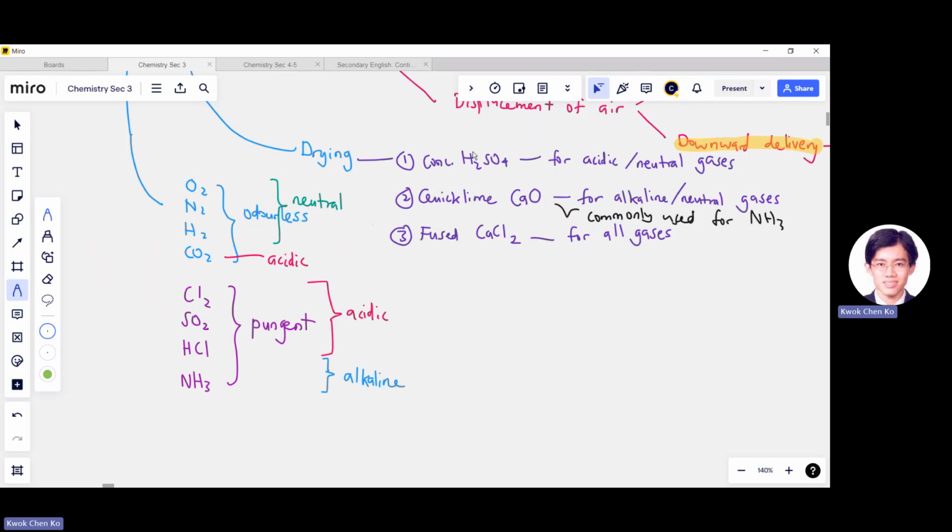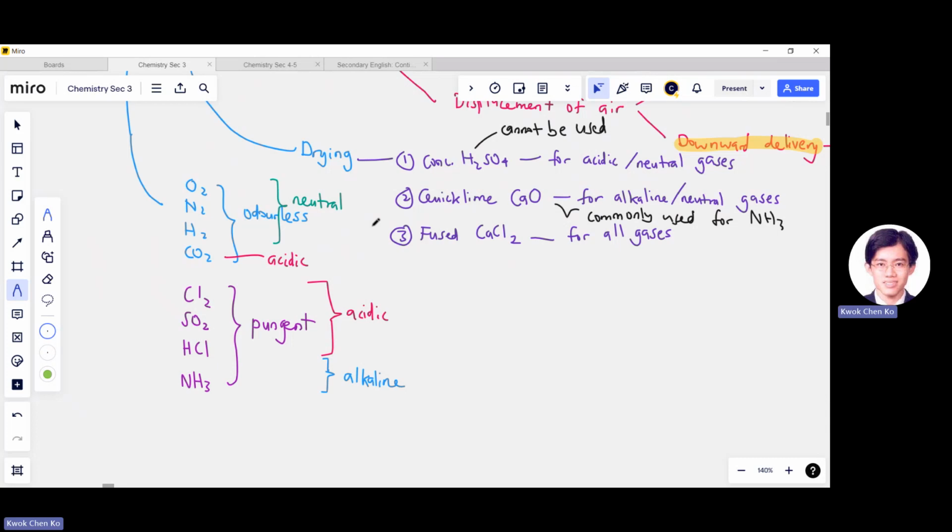Just like this. This is obviously an acid. And hopefully you also can deduce there's only one gas that you cannot use conc sulfuric acid for, and that is... look at this list of gases. Which gas cannot be used? Conc sulfuric acid is used for acidic and neutral gases, so it cannot be used for alkaline gas.